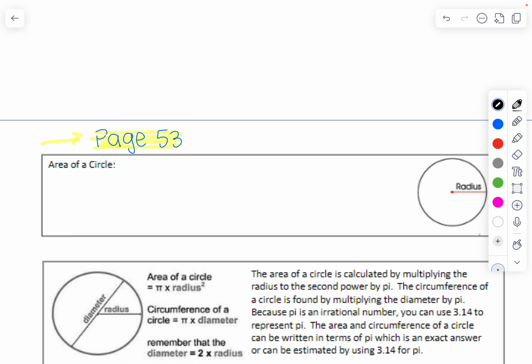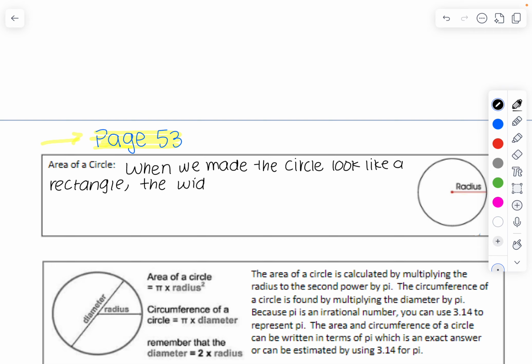So what we saw on the video was that when we made, and please write this down as I go, when we made the circle look like a rectangle, the width of the rectangle became the radius, and the length or the base of the rectangle is considered to be half the circumference.